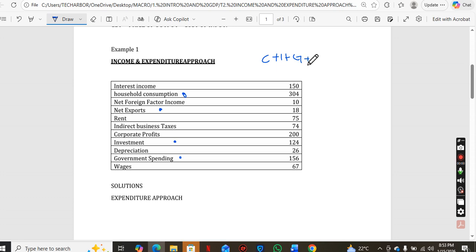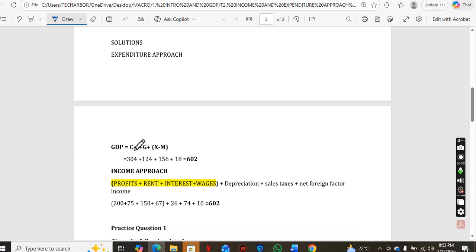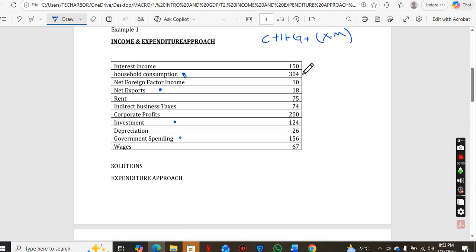plus exports minus imports. So I've already got the calculations here. Consumption by the citizens within the nation, as we can see on our table, 304.